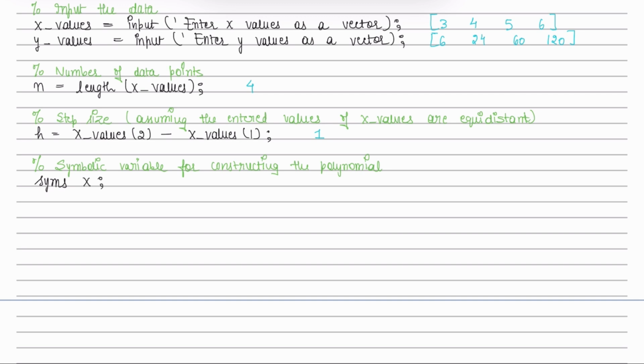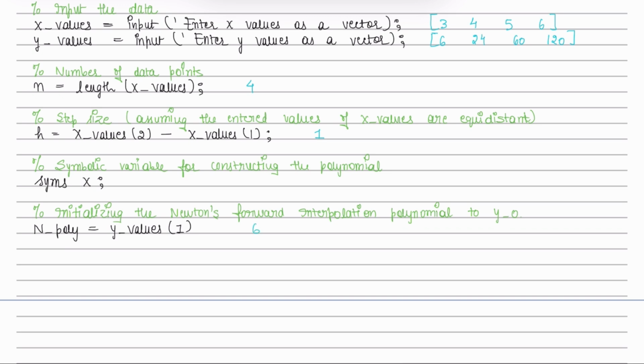Now initializing the Newton's forward interpolation polynomial to the value y naught, which is 6 here, and the value 6 is at the index 1 of y underscore values variable, that is n underscore poly is equals to y underscore values at the index 1. And when the code will run, initially this L underscore poly will have the value 6.